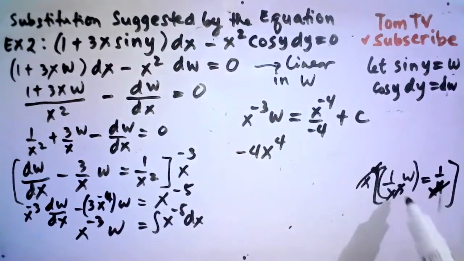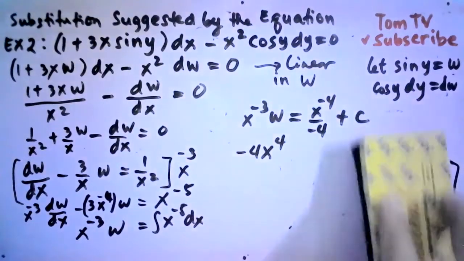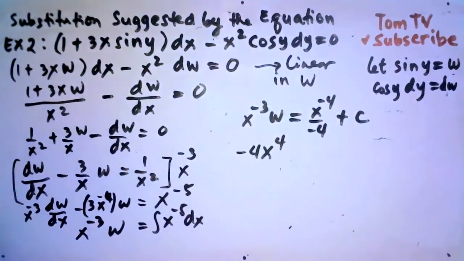So we are now deleting our denominator. That's the main reason why I multiplied both sides by negative 4 x to the fourth.